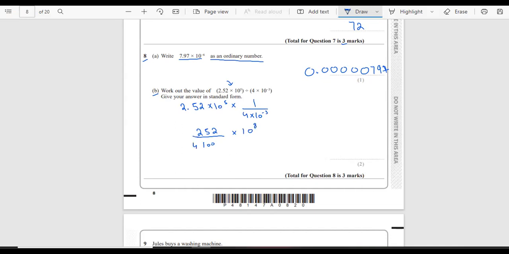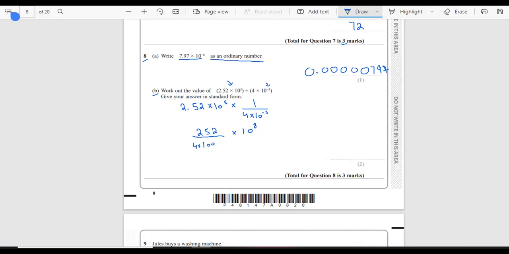Is it 6.3 times 10 to the power of 1? No. Check that again. Maybe you made a mistake, but this is minus 3, okay? 10 to the power minus 3. 6.3 is correct. That is correct.